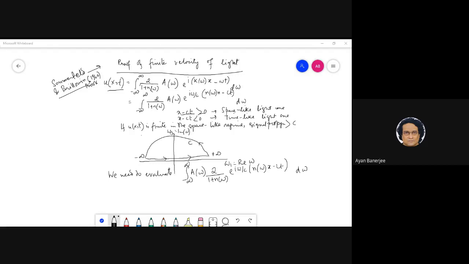Okay, so why should it vanish? So maybe what we can say is, think of this: we are considering x minus ct greater than 0, and we can consider the velocity.